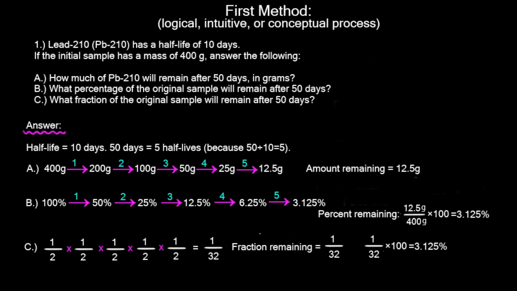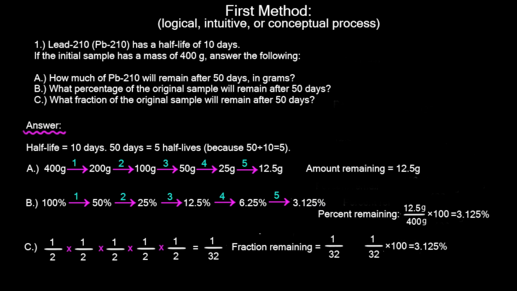Now let's go through each half-life step by step. After the first half-life, that 100% is reduced to 50%. After the second half-life, 50% becomes 25%. After the third half-life, 25% becomes 12.5%.